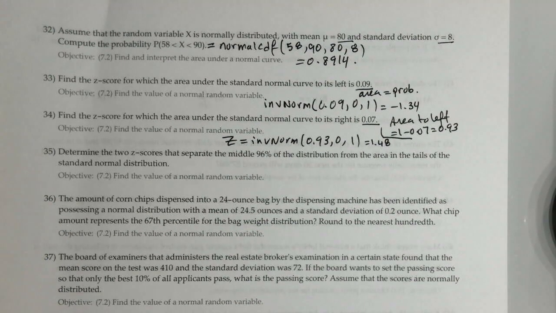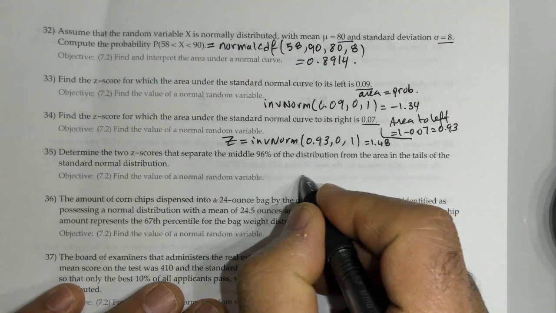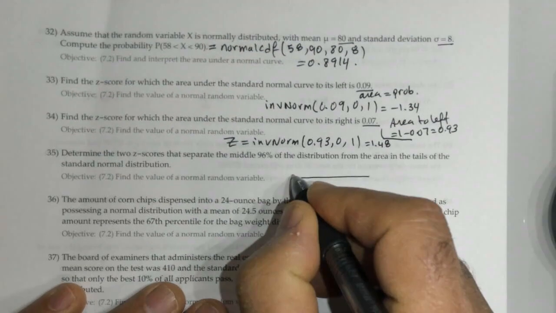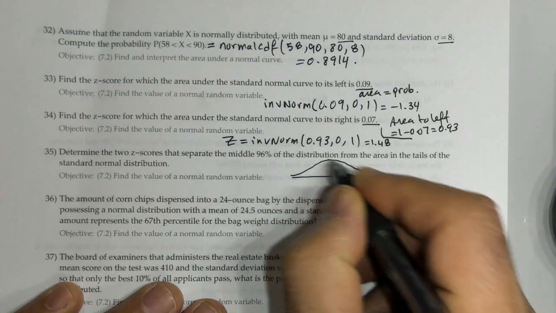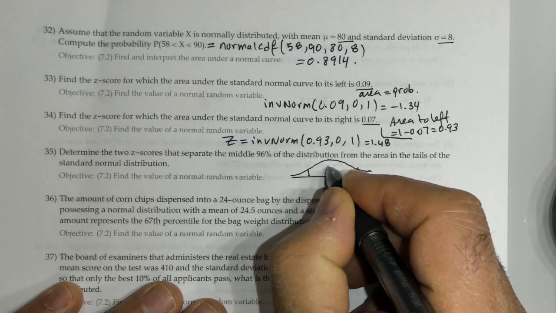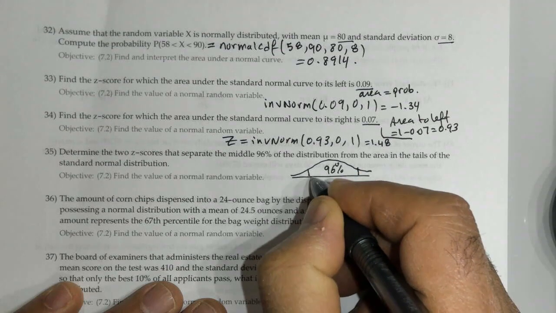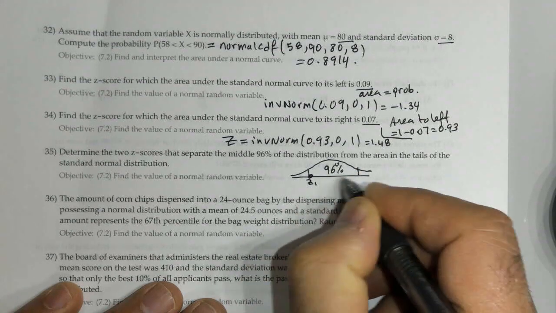35. Determine the two z-scores that separate the middle 96% of the distribution from the area in the tails of the standard normal distribution. Okay, here is how we do this one. There are two values that separate the middle 96%. So this is 96%, and he wants this z and this z.